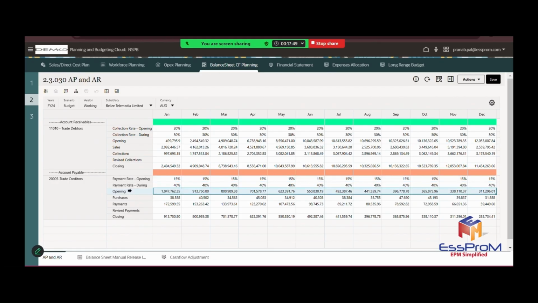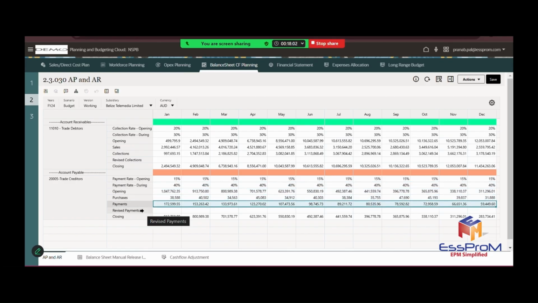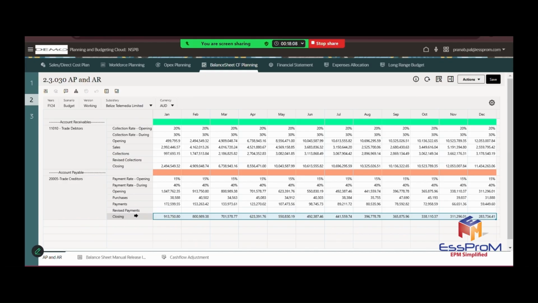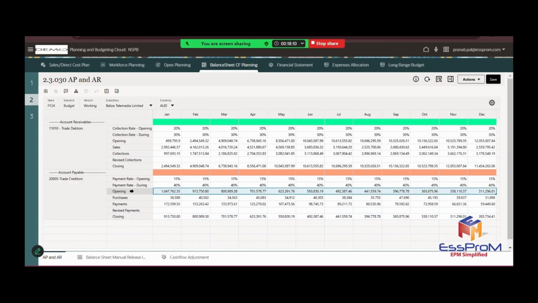Hence, 15% of payment rate opening plus 40% of purchases is the total payments. The closing balance is the opening balance plus purchases minus payments. Similarly, the current month's closing balance will flow to the next month's opening balance, and the same process is followed every month. This is how we do our AR and AP planning.